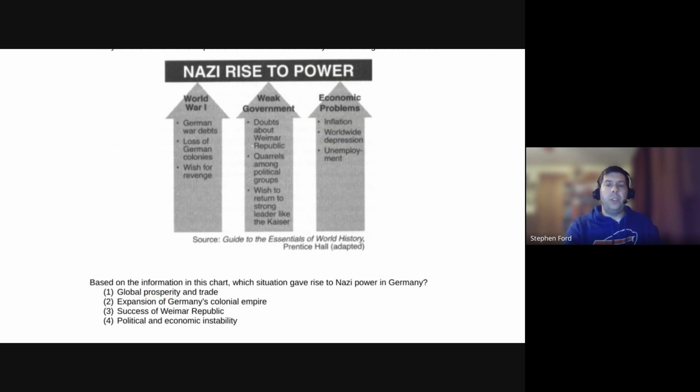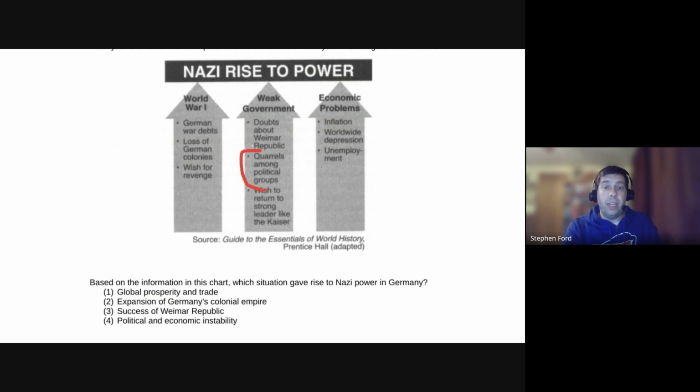The expansion of Germany's colonial empire. The opposite is said right here, guys. So that one is not correct. The success of the Weimar Republic. I mean, even if you don't know that the Weimar Republic's downfall leads to the rise of Hitler, but political or economic instability.